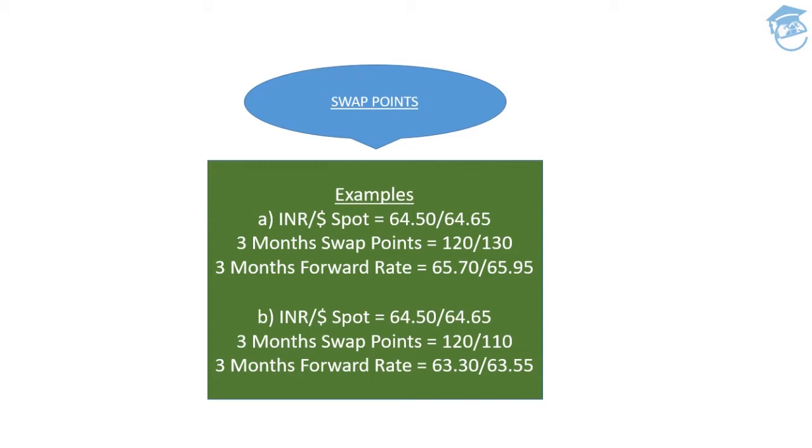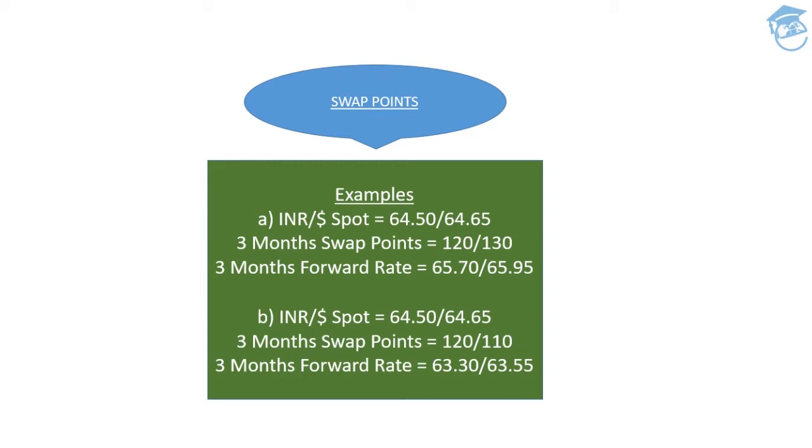So all you need to do is just remember one basic trick, one basic concept towards the swap points. If the swap points which are available in example number A, that is 120 and 130, if the ask is more than the bid, just like in my present example, it is 120 in bid and 130 in ask, then you need to add the same to the respective spot rates.